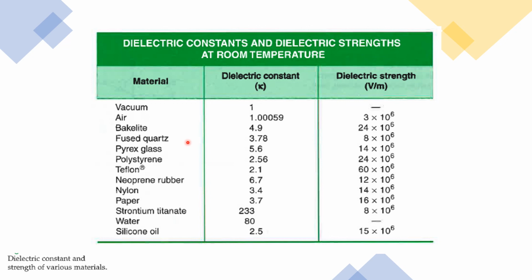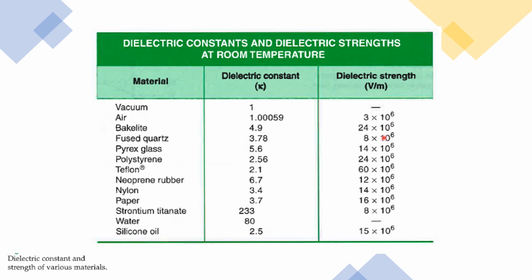Alright, so another table. Don't freak out, it's just showing you the trend, the material. So here we're going to pay attention to the material. The same material most of the time, your vacuum has one. Air is a little bit more because there's stuff in the air, mostly gas. When you take a look at the dielectric constant, which is your K number, this is the same thing in a different unit, volt per meter.